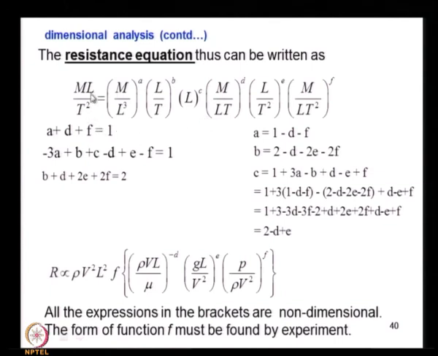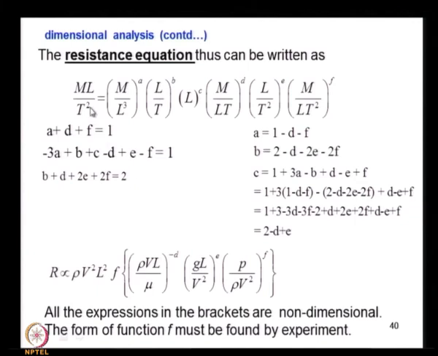So, now you just compare the coefficients on either side. For m, m is equal to 1, power a, m is equal to a here, m d, d is here, m f. So, a plus d plus f is equal to 1, you are comparing the power on either side of the equation.